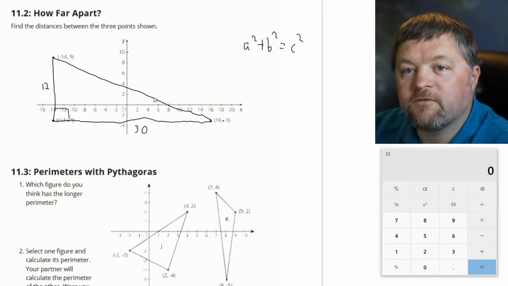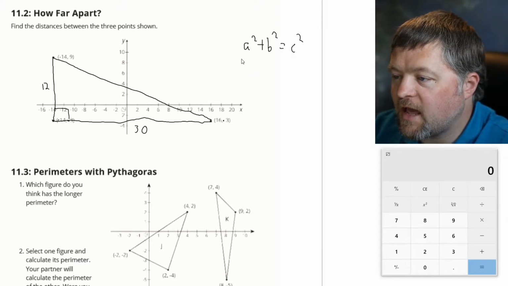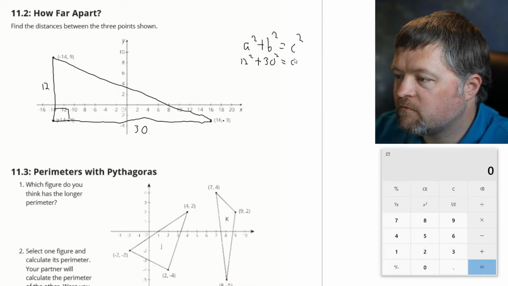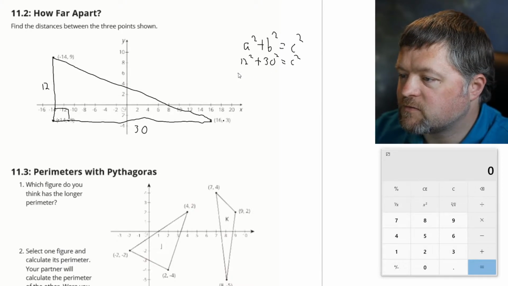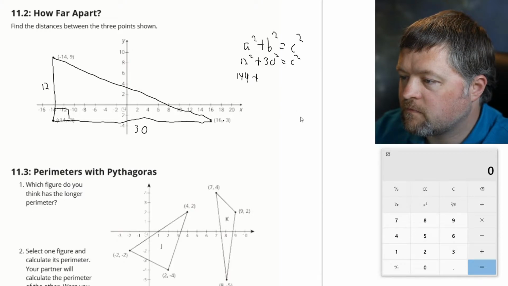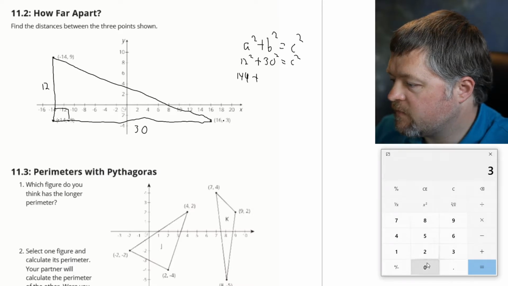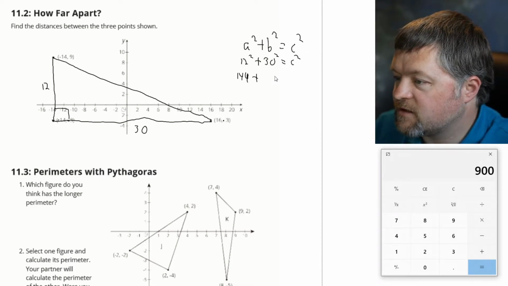So we need to find out this hypotenuse. The legs are 12 and 30. 12 squared is 144. 30 squared is 900.